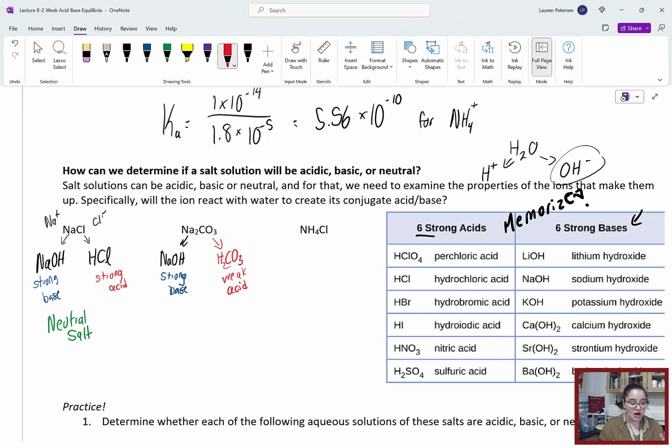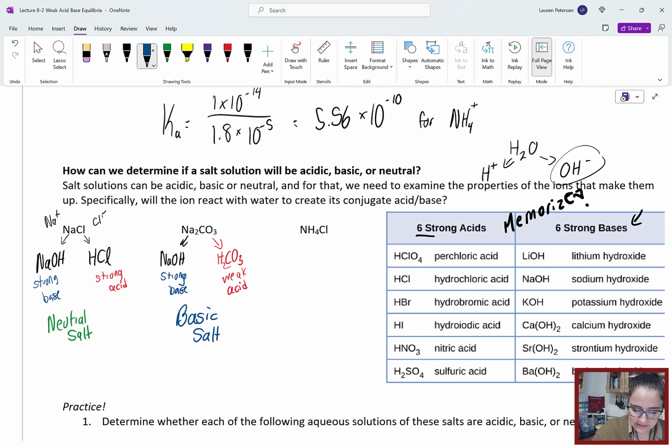Now, if we have a strong base and a weak acid, well, some of those acid molecules are going to form. None of those strong base molecules are going to form. So we will have some of that H plus go away, but a lot more of that OH minus. So this is a basic salt. You can kind of think of it as the base winning.